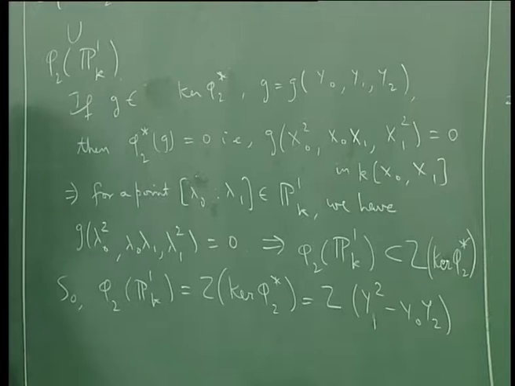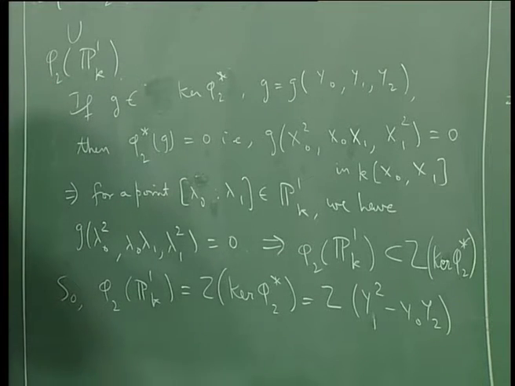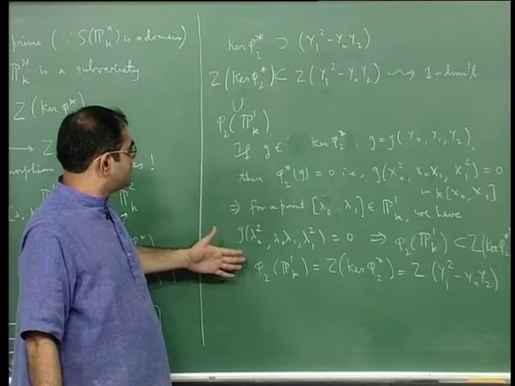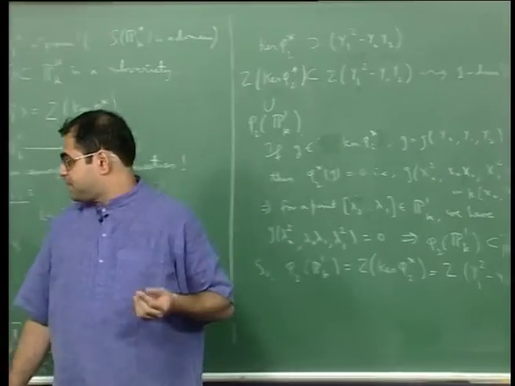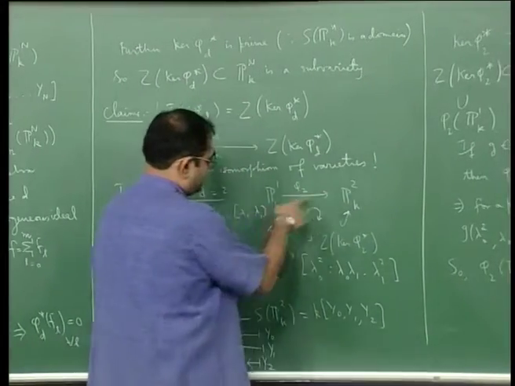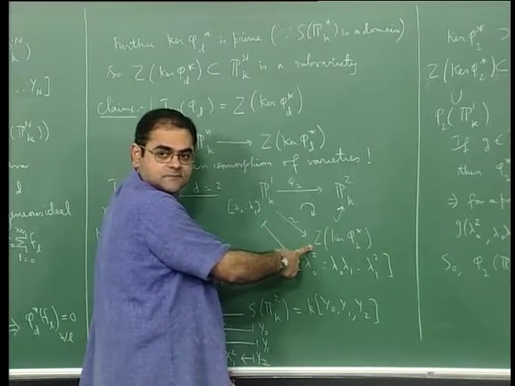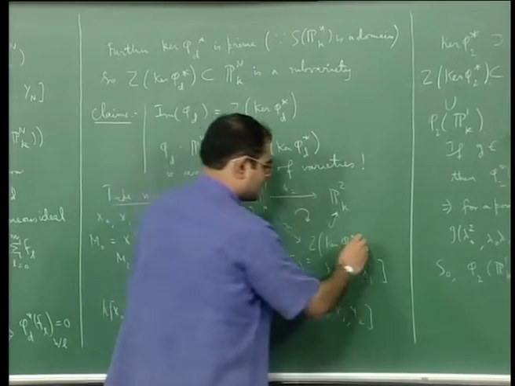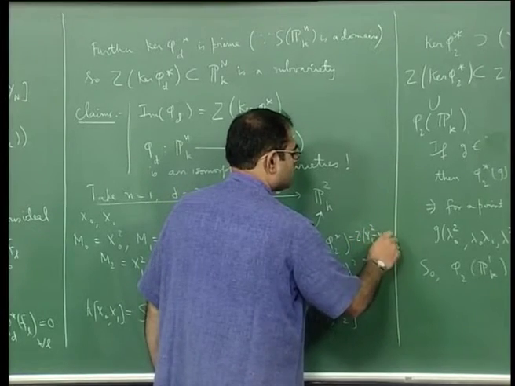And in fact what I want to say is that this phi 2 actually gives an isomorphism of P1 with this 0 set, which is actually the 0 set of y1 squared minus y0 y2. This is the same as the 0 set of y1 squared minus y0 y2.